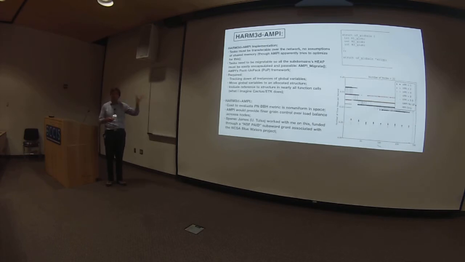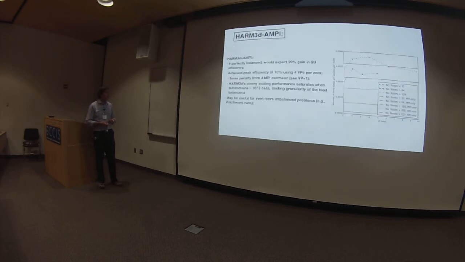Okay, so all of its memory associated with the subdomain could be transferred to another core, another node easily. And this just shows you how that load imbalance evens out as the number of time steps increases. So if you want more information about this, we only got a 10% gain because there's some overhead in using AMPI.